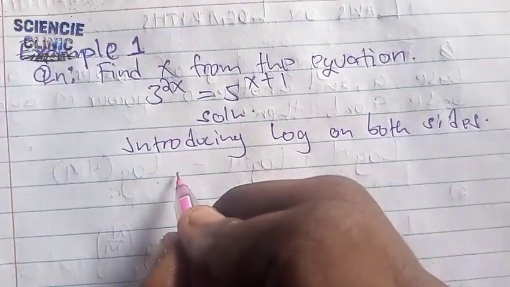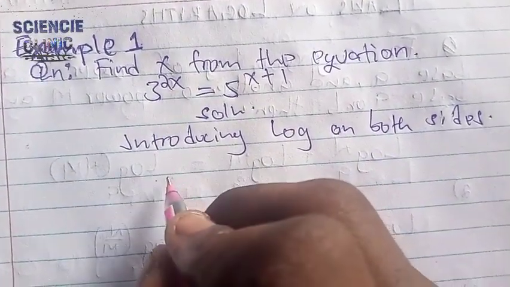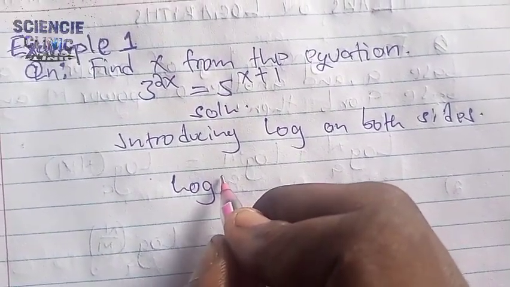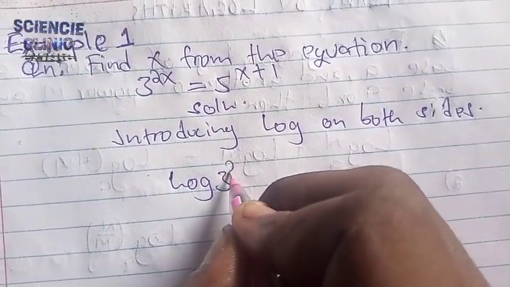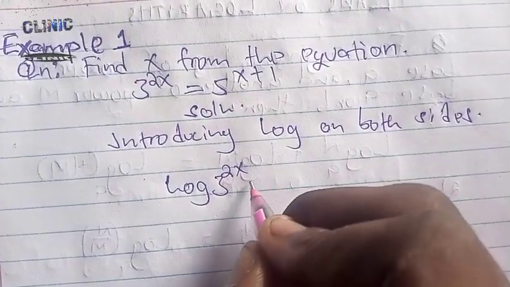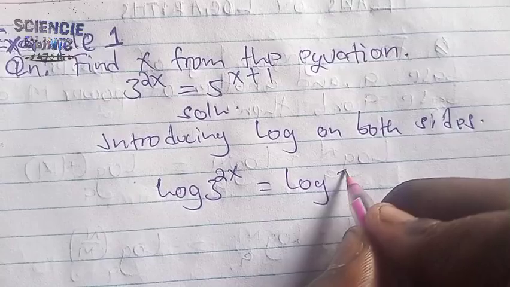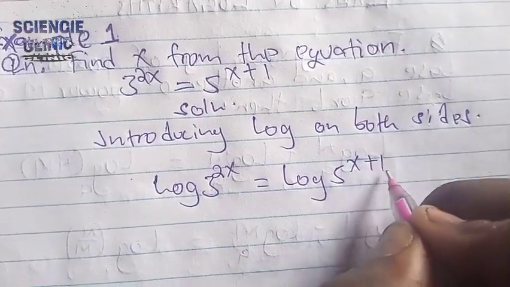All right, now let's see what happens. We are going to have log 3 power 2x, which is equivalent to log 5 power x plus 1.